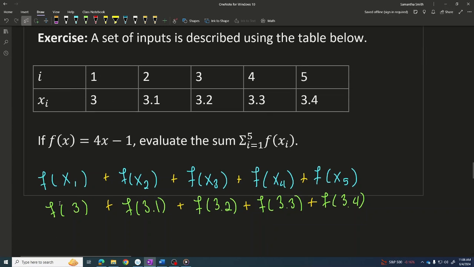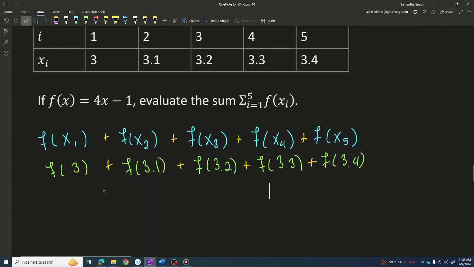The first x is still 3, the second x is still 3.1, and so on. What has now changed is the information that we are provided to find the outputs associated with each of these x values. In this situation, we would have to use this formula to calculate each of these values of f of 3, f of 3.1, f of 3.2, and so on.